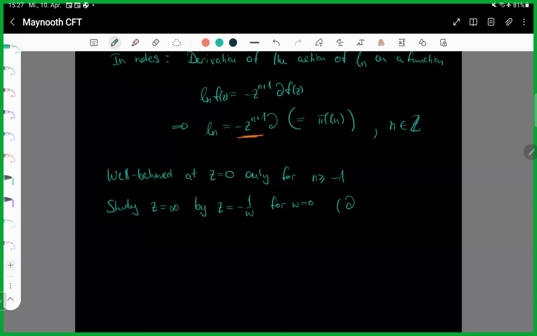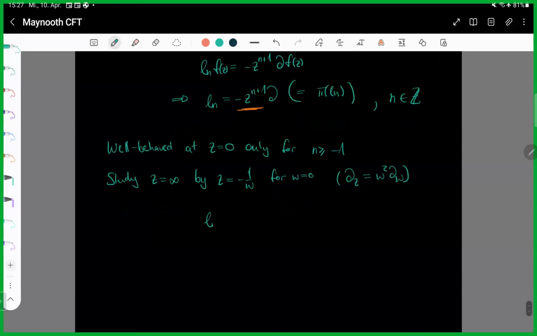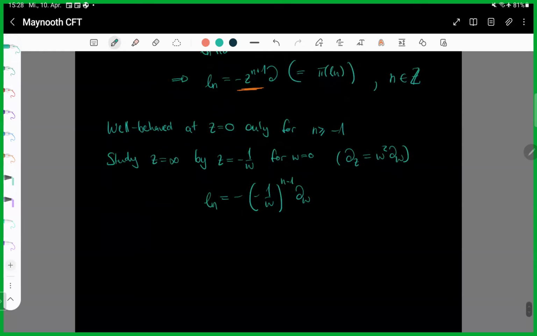Then I'm just going to tell you how the partial derivative transforms. It transforms as such, then you can just plug everything in, and what you find is that the generator now looks as follows: n-1 del w.